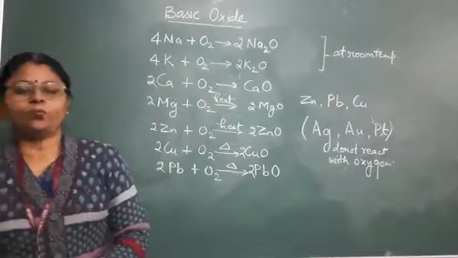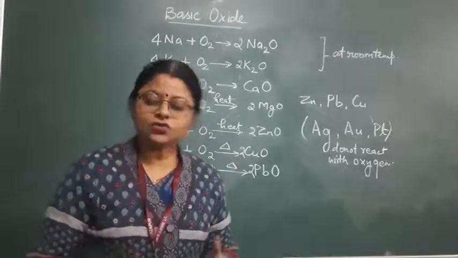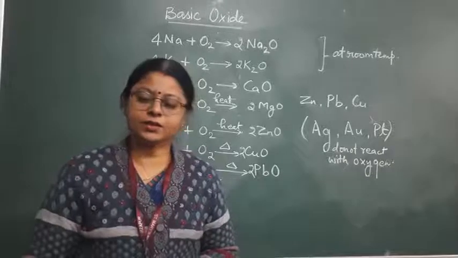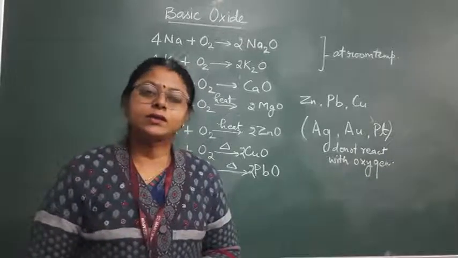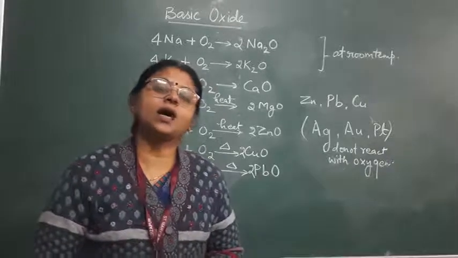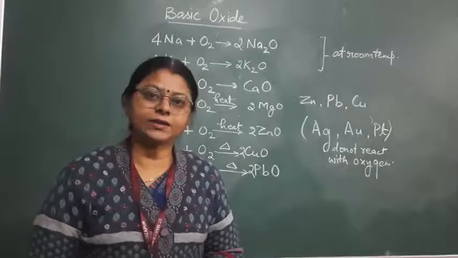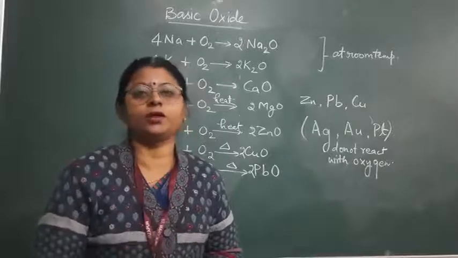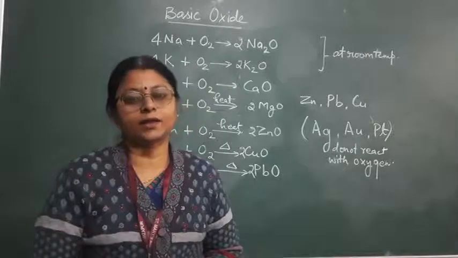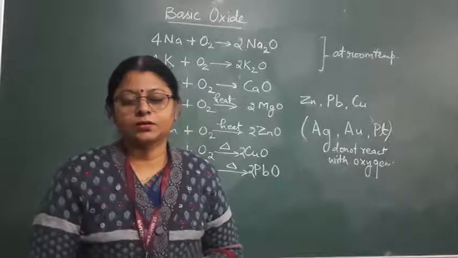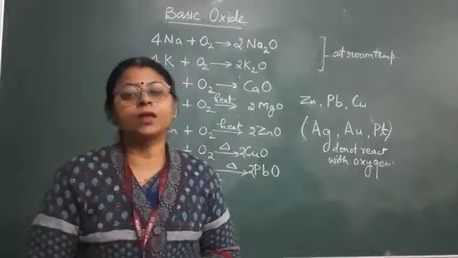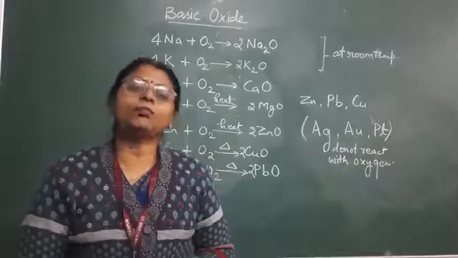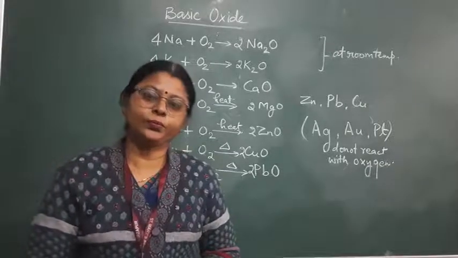Children, some basic oxides when dissolved in water form their corresponding hydroxides. And these hydroxides are known as alkalis. Means the basic oxides which are soluble in water form alkalis. And alkalis, being basic in nature, turn red litmus paper blue.